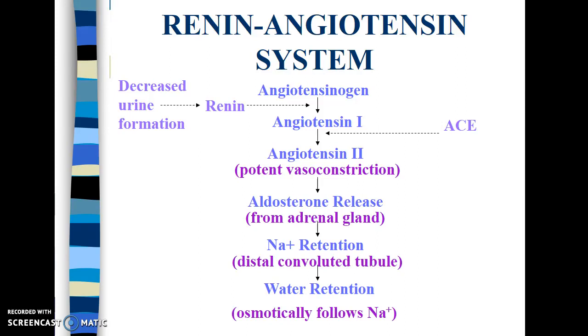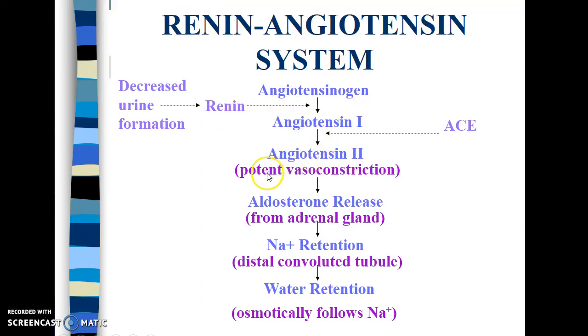So not only are we decreasing it, let's go back to the top, we're decreasing it because of that sympathetic nervous system stimulation on the alpha-1 receptors, which is causing less blood flow to go into the kidneys to begin with. So we're going to have less urine formation. But then we activate the renin-angiotensin system.